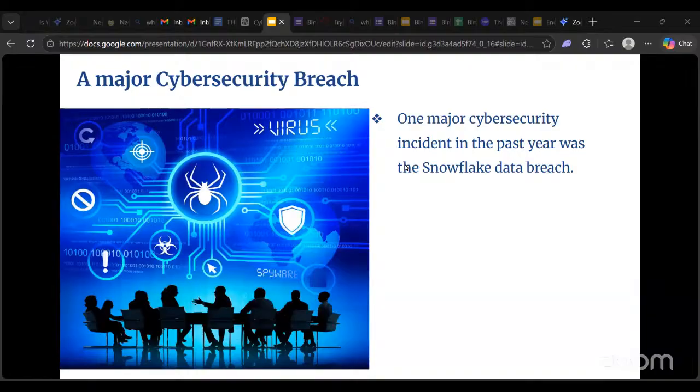The breach highlighted the importance of strong authentication mechanisms, such as multi-factor authentication and proper identity access management to protect cloud environments. What this breach taught us is that even large organizations are not immune to incident breaches.